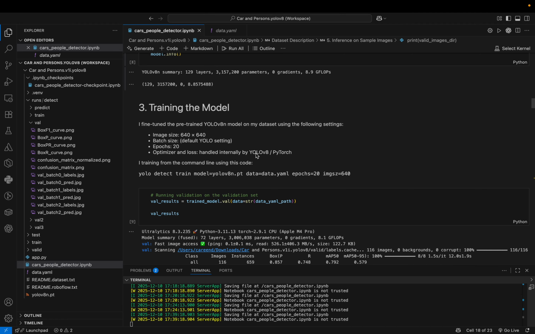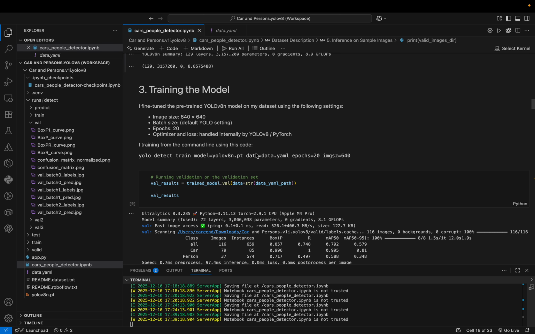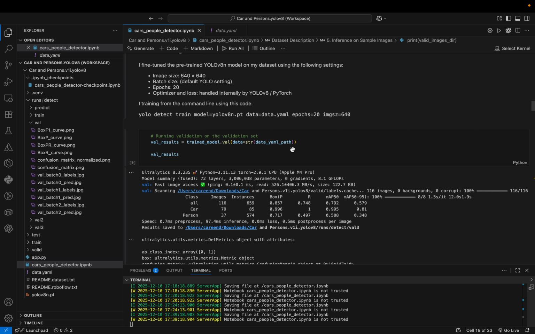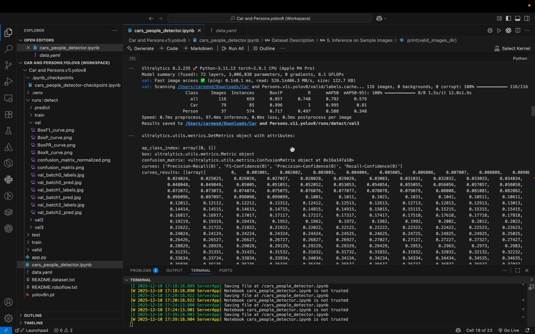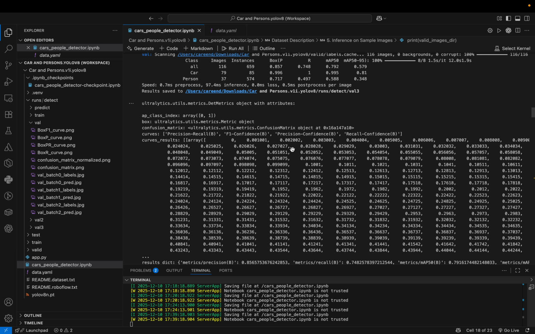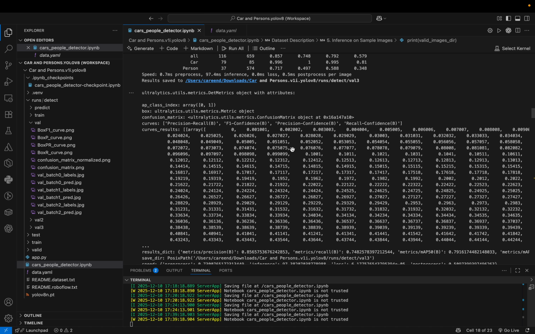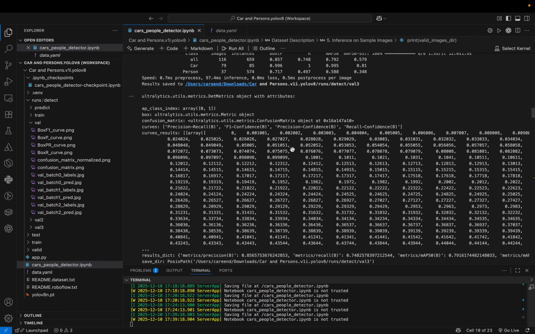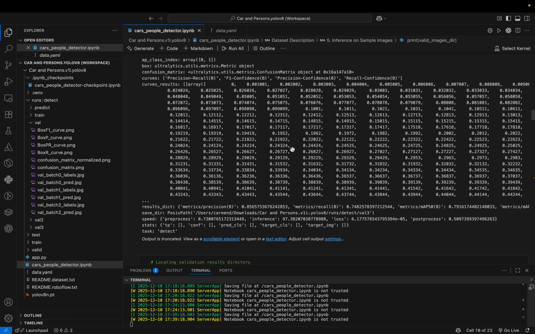The model trained on the image size of 640 by 640, and I trained 20 epochs. So I trained for several epochs, 20, while monitoring the loss curves, learning behaviors, and performance on validation data.